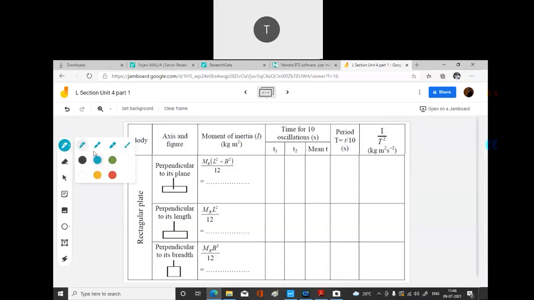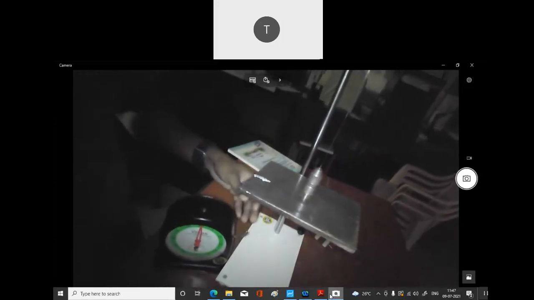In the same way you repeat it. As it is running, let us just start it again. Reset your clock, and I will start the same thing. I'm starting here.